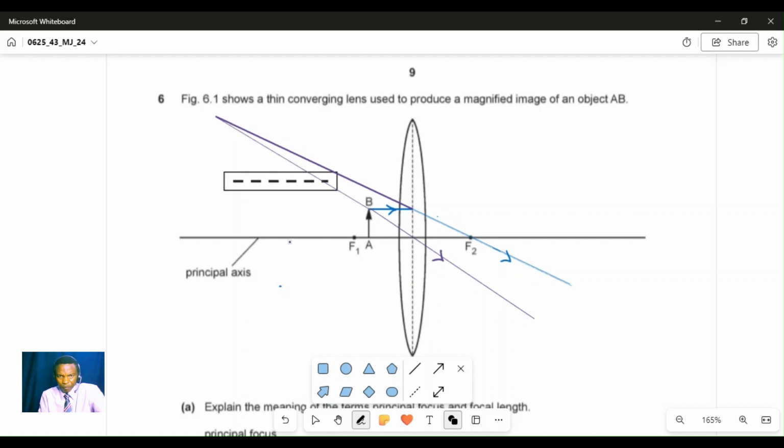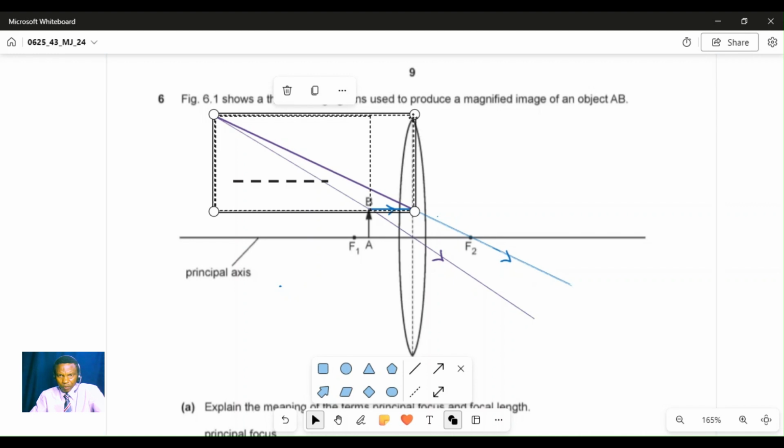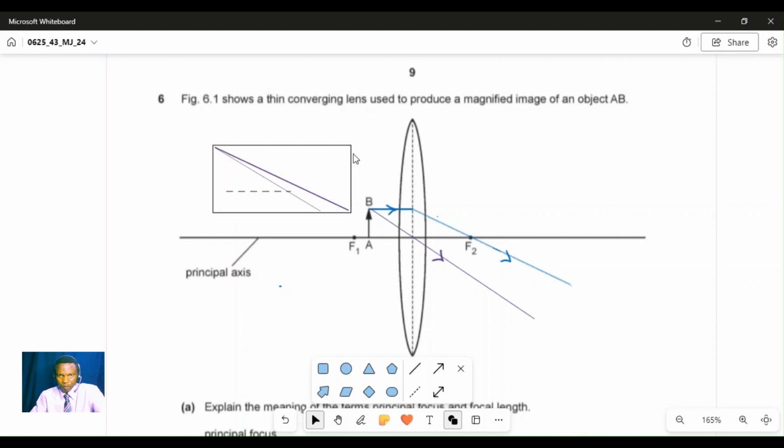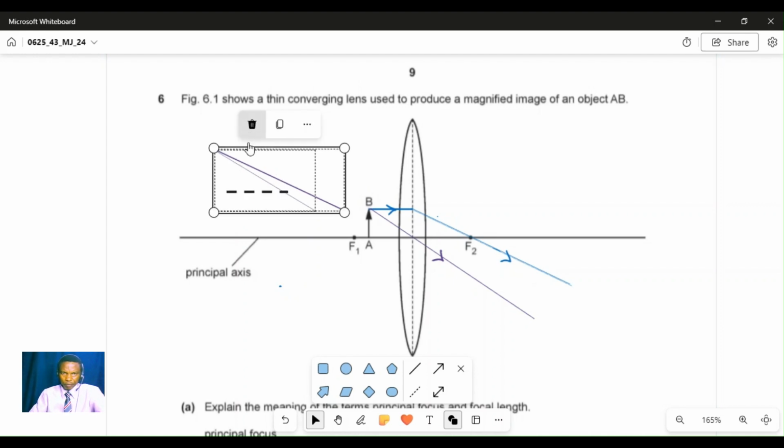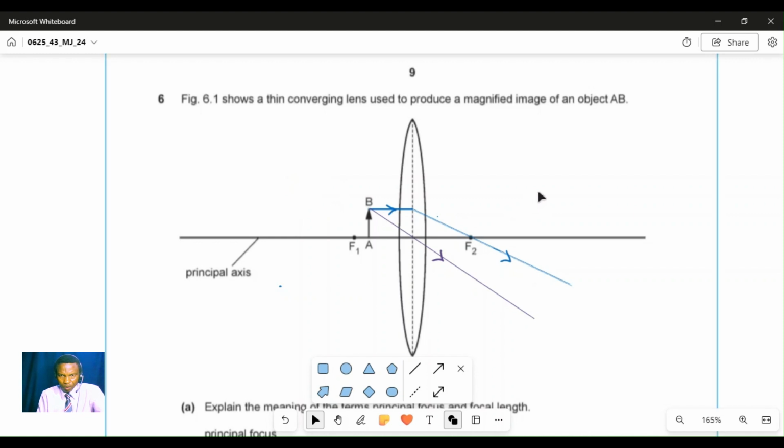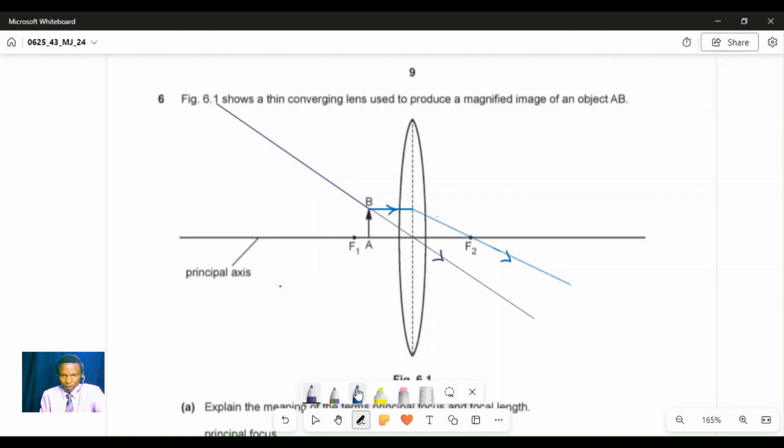Okay. Sorry. So let's take the extrapolation again. I will extrapolate this, then also extrapolate the blue one.